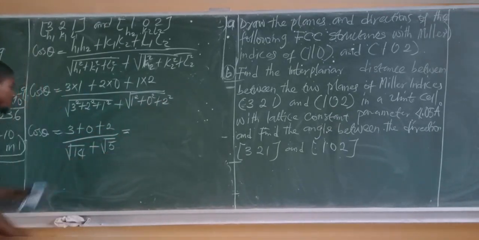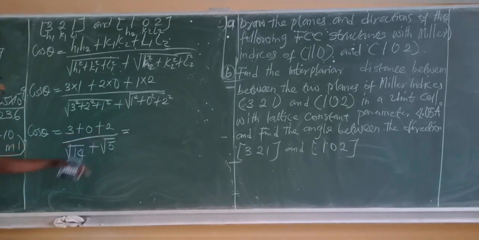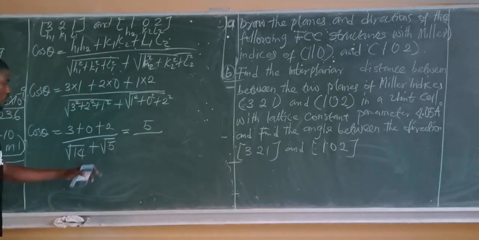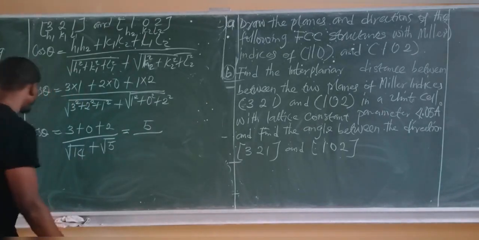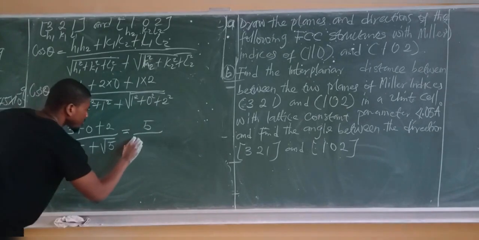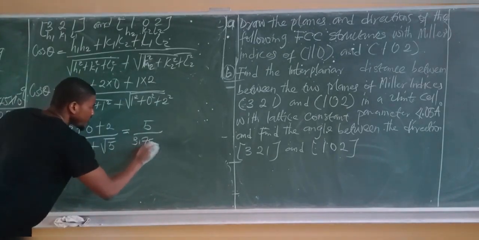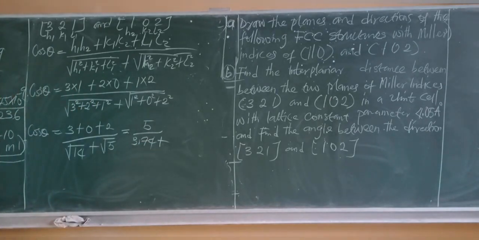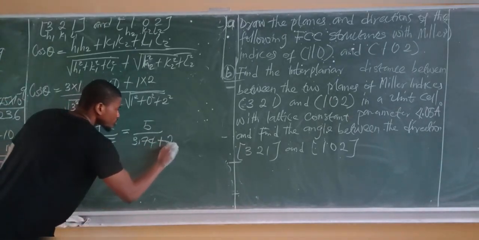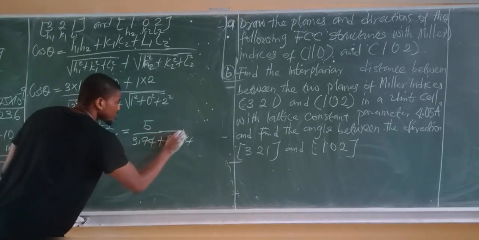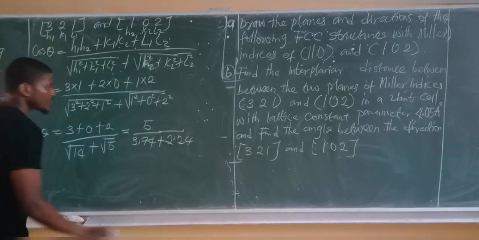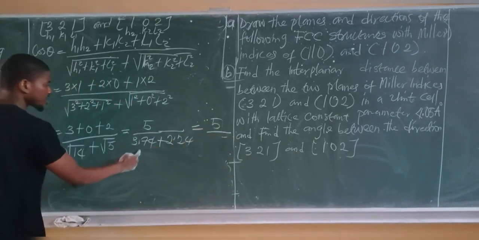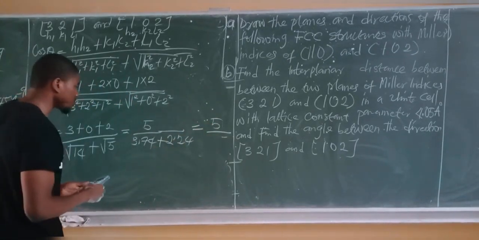So this is equal to 3 plus 0 plus 2, which is 5, all over root 14 times root 5. Root 14 gave me 3.74, and root 5 gave me 2.24.